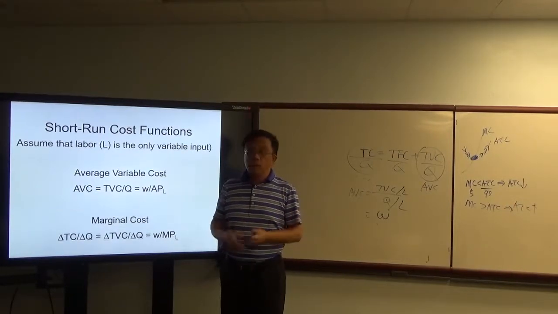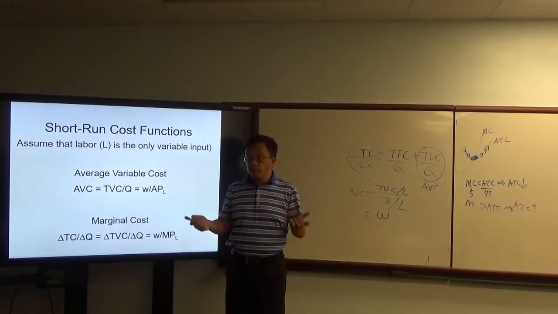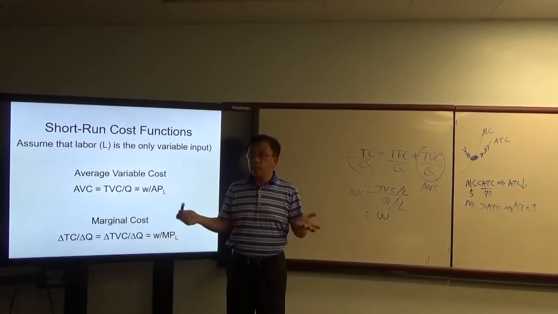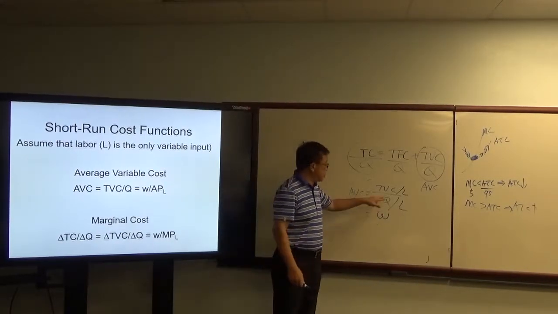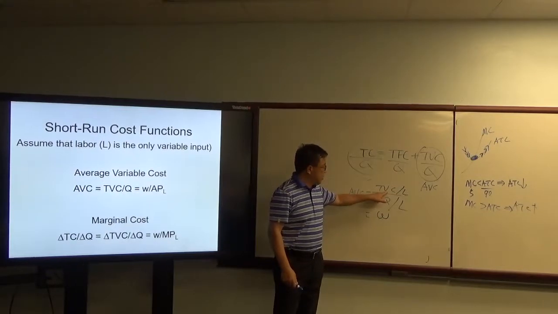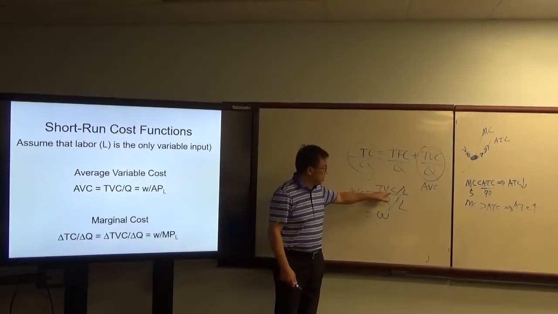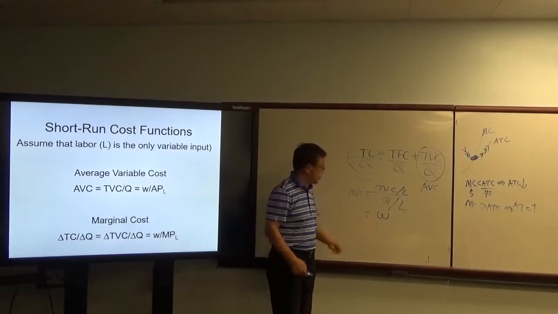If you have 10 workers and each wage rate is $3,000 a month, what's the total wage? 3,000 times 10, which is 30,000. And what is the average variable cost? That's 30,000 divided by the 10 workers, so that's 3,000. That's the wage rate.